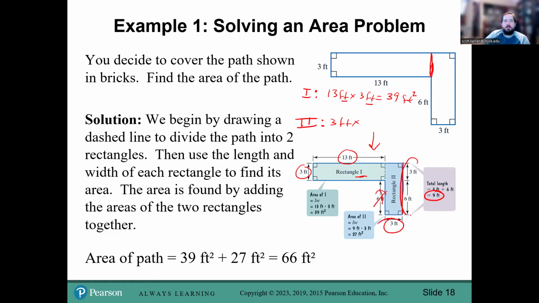Make sure that you calculate this side, because they never gave it to you. You had to figure out that this side here was 9 by taking 6 and adding this 3 more to get 9. So it's 3 feet by 9 feet, and that is 27. Again, feet squared or square feet. And then I'll add those two together. 39 feet squared plus 27 feet squared is 66 square feet, or 66 feet squared.